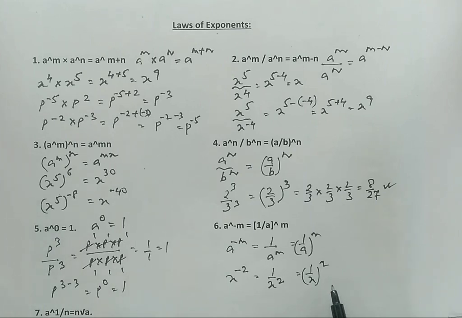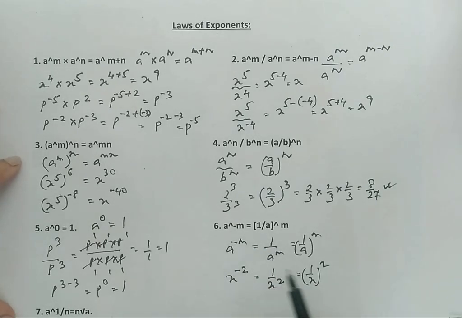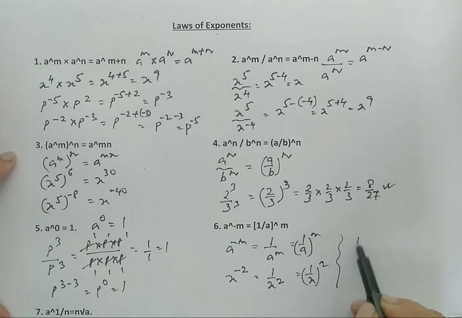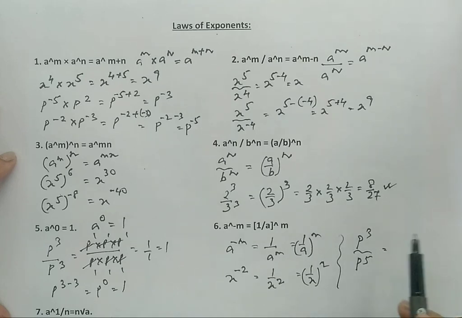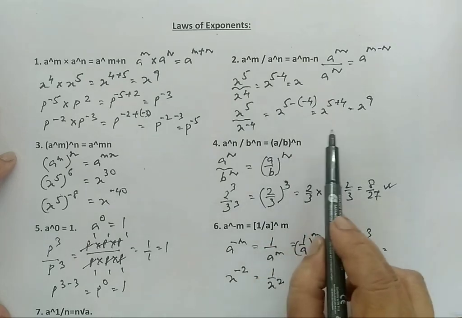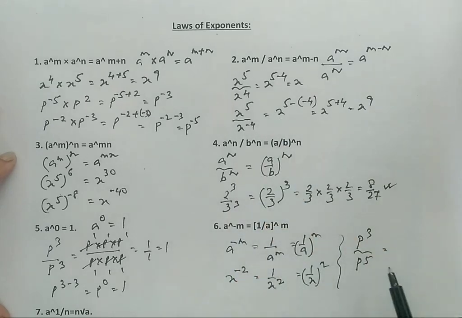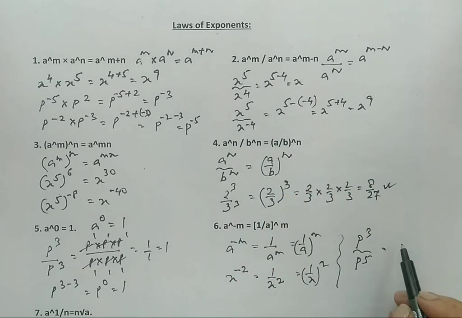So this is what, and how do you get a minus is also something to think about. When do you get a minus? I'll give you an example of that. Say if you were to have p to the power of 3 over p to the power of 5. So as per this rule, when you bring something from the bottom, it is to be minused.